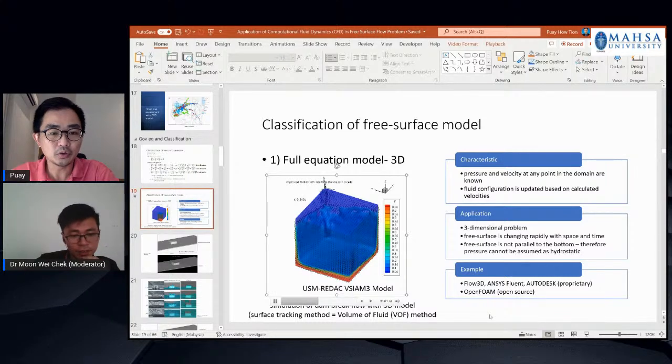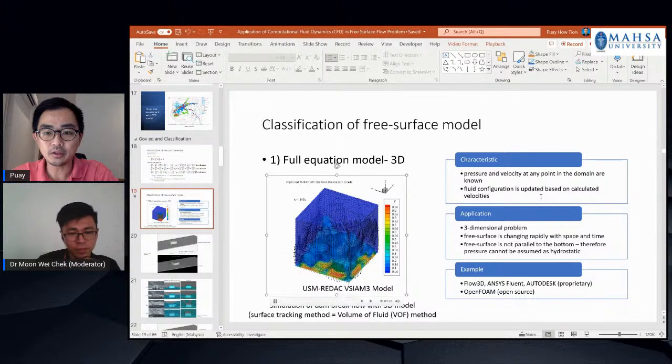By using a full 3D model, the pressure and velocity at any point in the domain can be known, and the fluid configuration is updated based on the calculated velocity. So where do we use this 3D model? We use it in three-dimensional problems. If you need to know the configuration in 3D, then you have to use a 3D model.